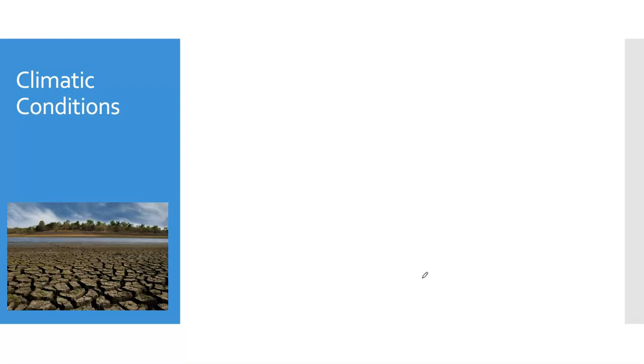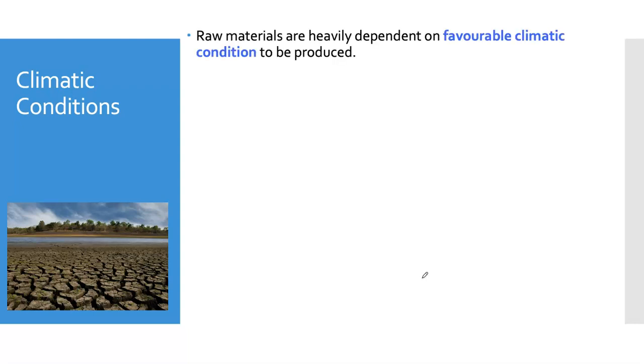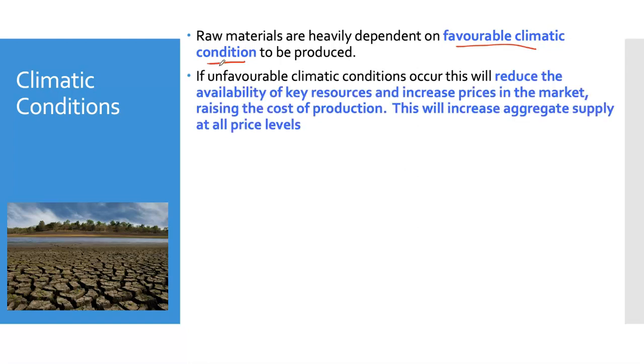I think finally we come to climatic conditions. We know that all the raw materials that suppliers use in their production process often come from nature, and these are heavily dependent on having favorable climatic conditions to be produced. If there are unfavorable climatic conditions, this is going to reduce the availability of that resource.